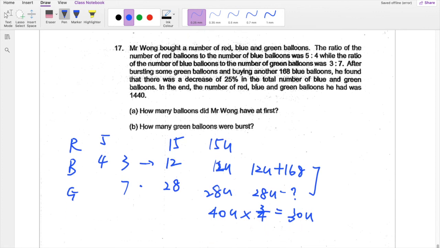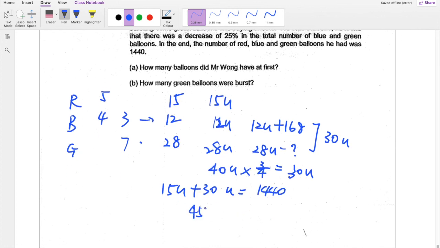Okay, we know that the sum here becomes 30U. He said in the end the total number is 1440. Well, the sum is 15U plus 30U equal to 1440, which is 45U equal to 1440. So U here equal to 32, right?